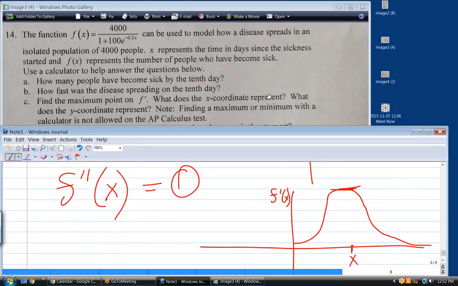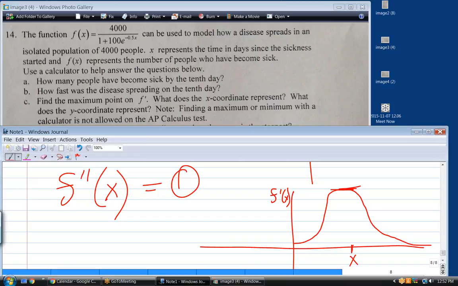So, what does the x-coordinate represent? If you had to put it into words, that would be where the rate of change is the greatest, where the sickness is spreading the fastest. That's the day where the sickness spreads the worst.